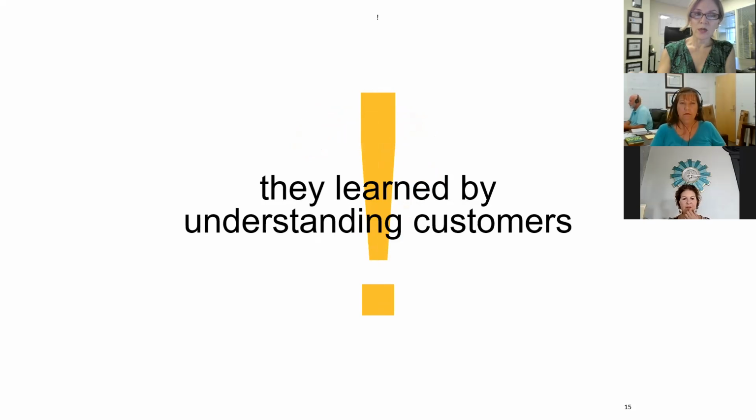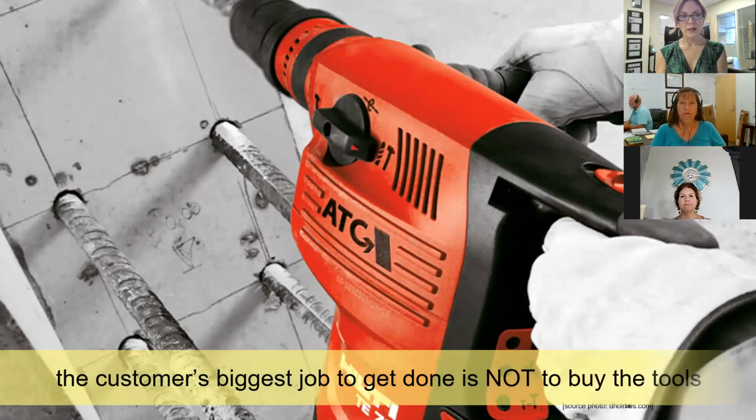So what they did is they followed this methodology and they went and understood their customers more. What they found is that the customer's biggest job to get done is not to buy the tools.